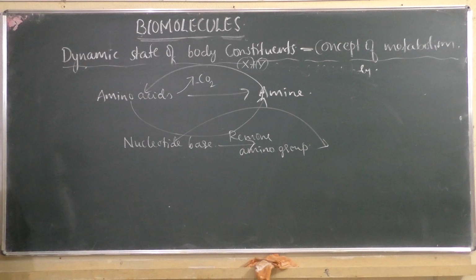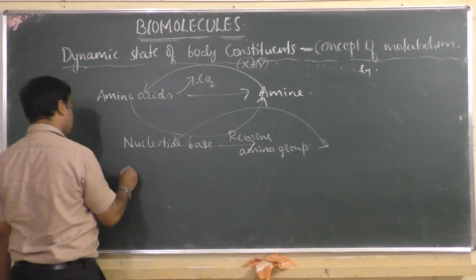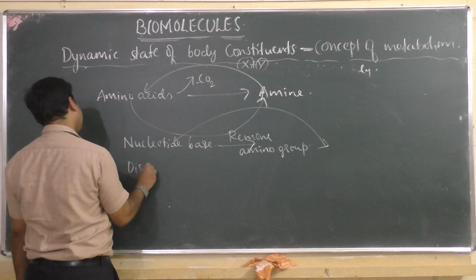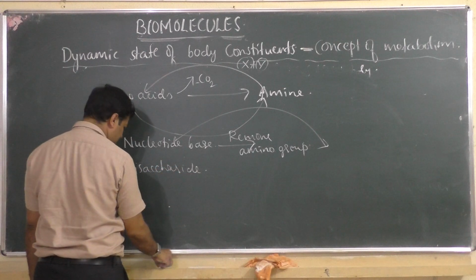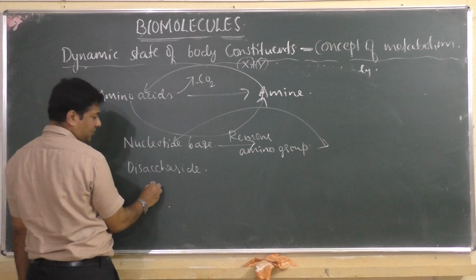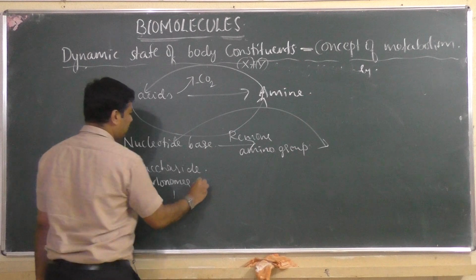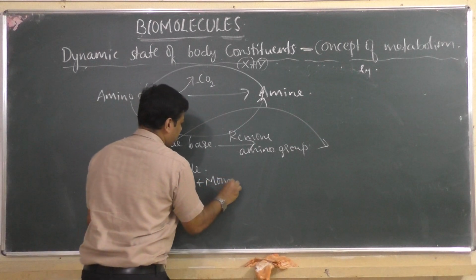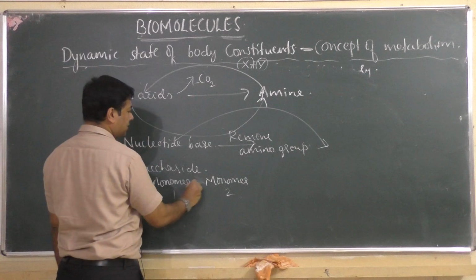You can take other examples also, like in case of disaccharides, hydrolysis of the glycosidic bond. Disaccharide means two sugar units will be there. So this is like monomer 1 plus monomer 2. Two monomers are joined by a bond.